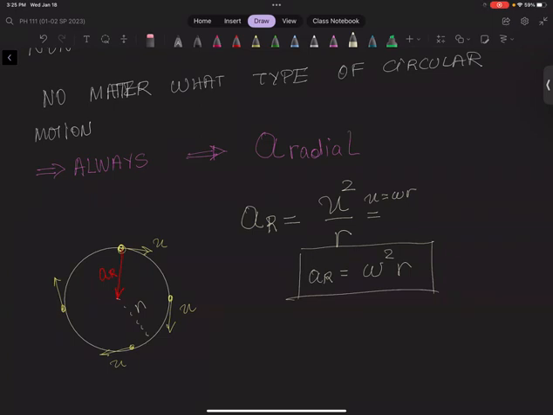And the magnitude is going to be u squared, the linear speed squared, divided by the radius. And of course, if you substitute u equals omega r, linear speed equals the angular speed times the radius, then you end up with omega squared times r. I'm going to make a quick pause, and I want you to think of any questions that you may have.